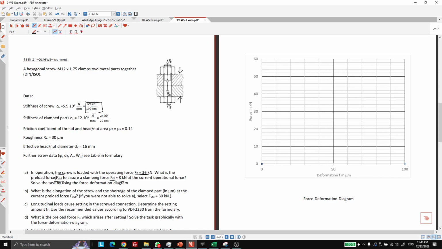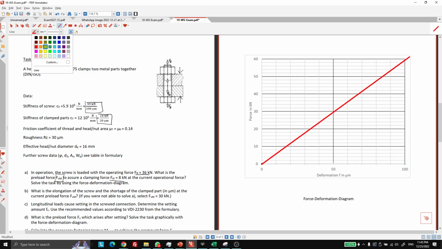So we have 59 and we have 24. Okay, so I'll draw it quickly. The rate is for the screw, so 59, I'll use a solid, 59 at 100, around here. Okay, and the green line for the clamp parts, 24, 24 at 20, somewhere here.